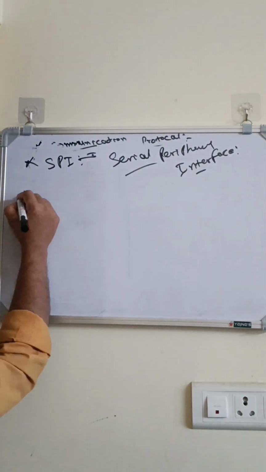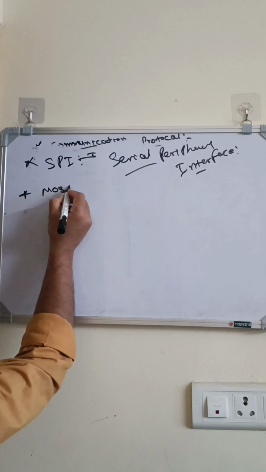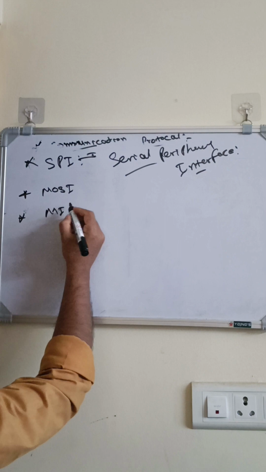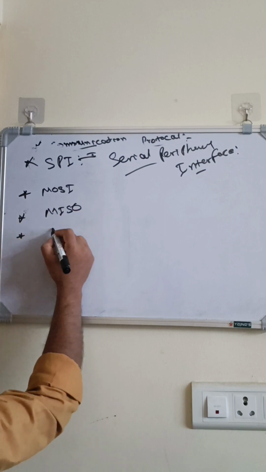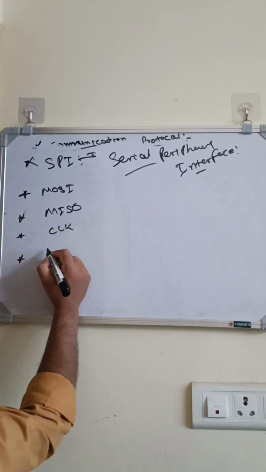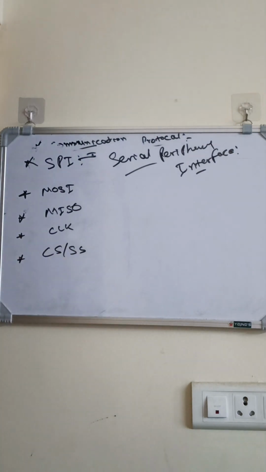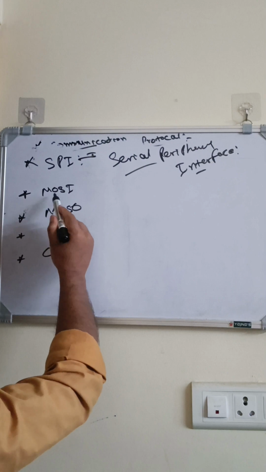What are those 4 wires? MOSI, MISO, clock, and chip select or slave select. So MOSI means master out slave in.